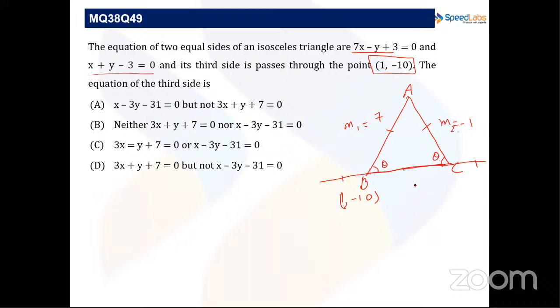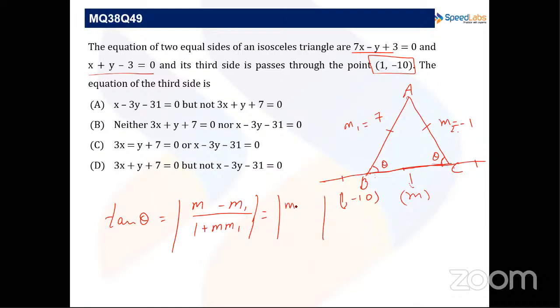Let's say the slope of line BC is M. Since it is making an angle theta, we have tan theta equals the modulus of (M minus M1) upon (1 plus M into M1), and a similar value here, (M minus M2) upon (1 plus M into M2).